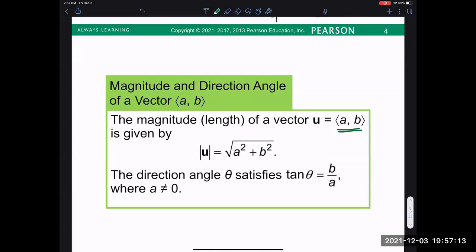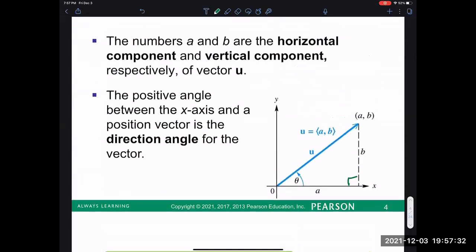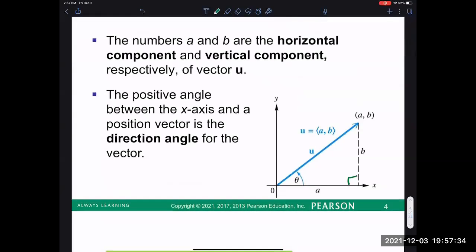And so if we are now going to annotate vector u as a vector that finishes at the point (a, b), then the magnitude of u will be the square root of a squared plus b squared. And similarly, we can think about this angle theta determining the direction of u.